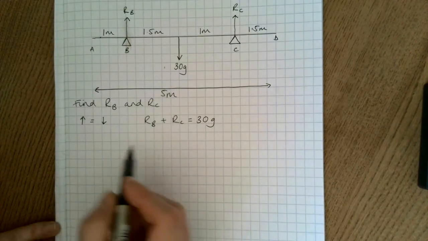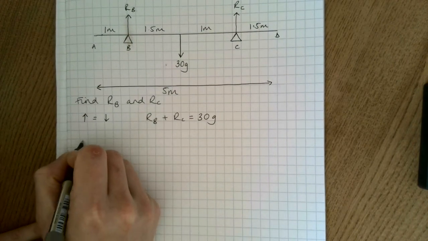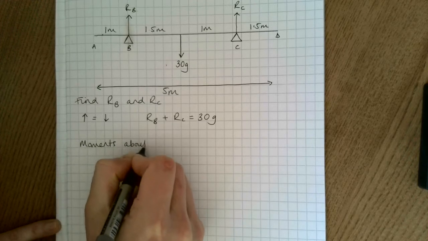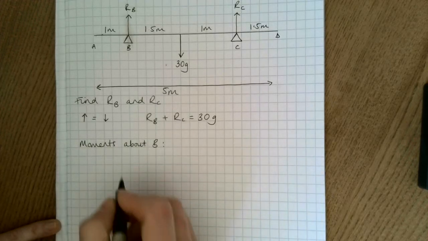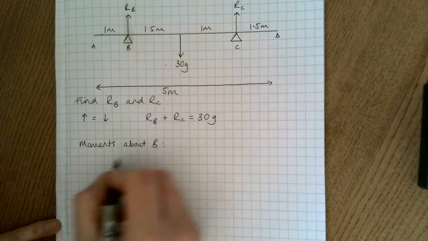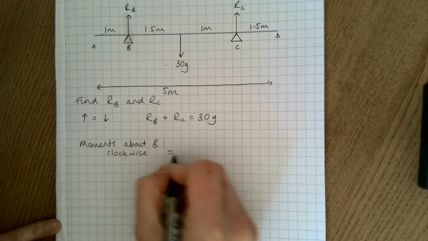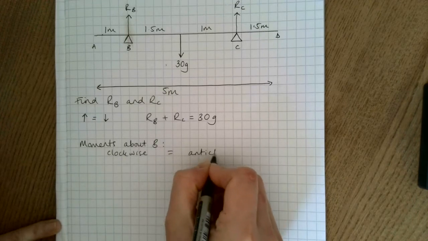So let's start by taking moments about B. Because it's in equilibrium, we know that clockwise equals anti-clockwise.